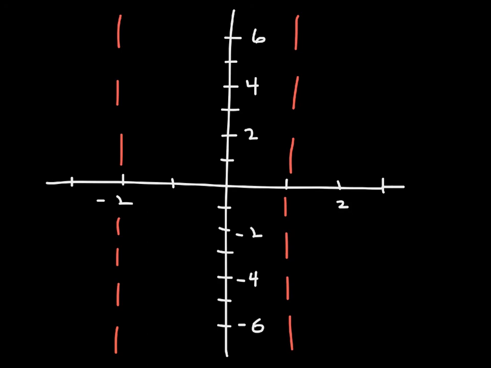That means the slant asymptote crosses the y-axis right at negative 1 with a positive 1 slope.